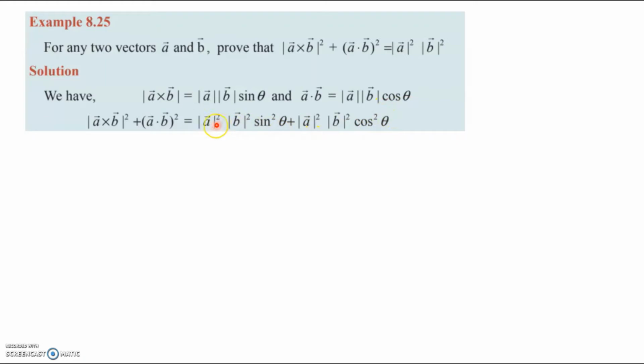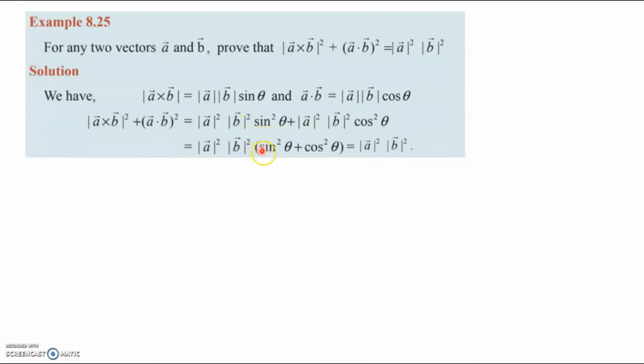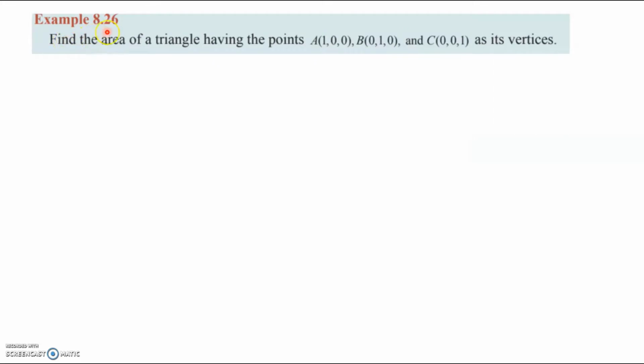Now you can see that A squared and B squared are common. So if we take them out, you will get sine square theta plus cos square theta here. So we know sine square theta plus cos square theta is equal to 1. Therefore, our answer would be magnitude of A squared into magnitude of B squared. Hence the proof.